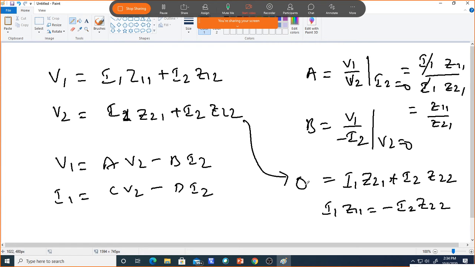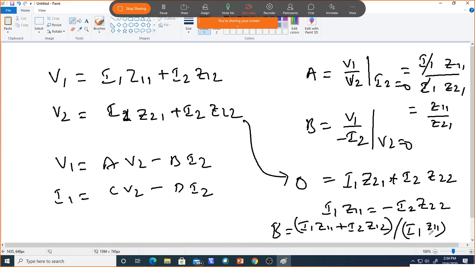So if you replace this, B equal to V1, which is I1 Z11 plus I2 Z12, divided by minus I2.